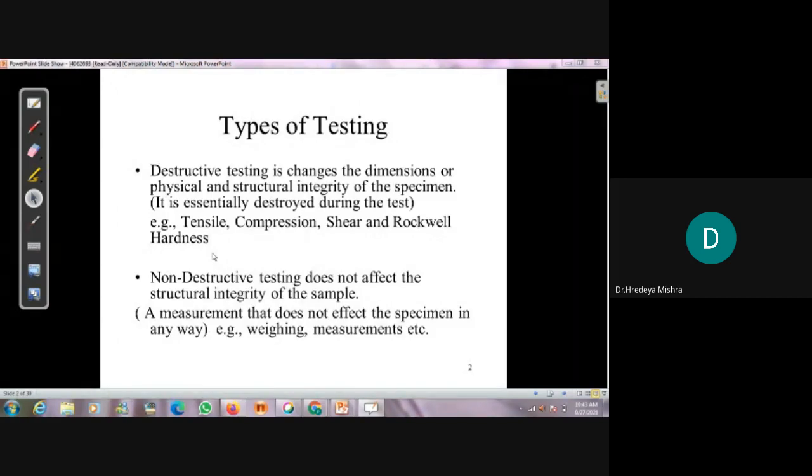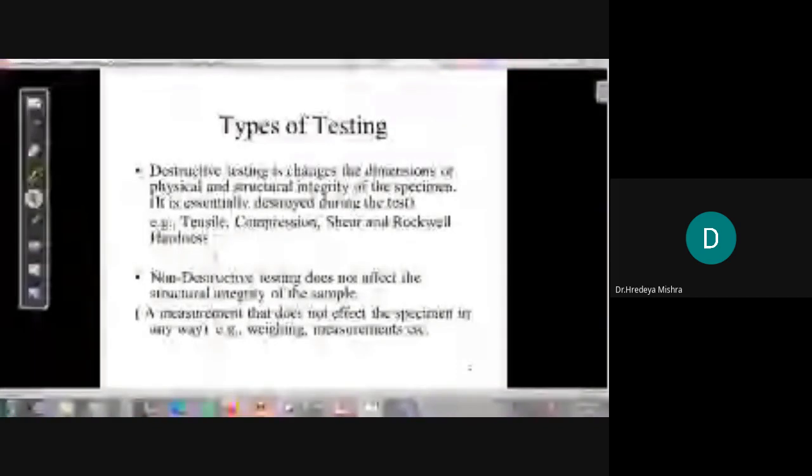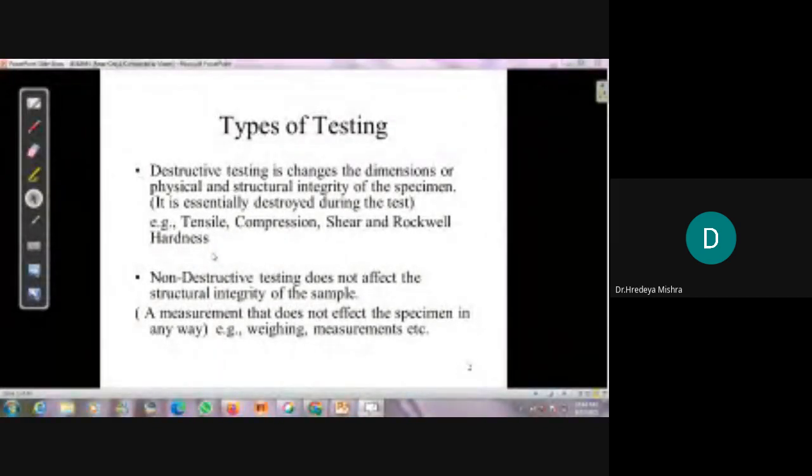Its shape and size are the same when we start the test and after we finish the test. There is no change. This type of test is called non-destructive testing.